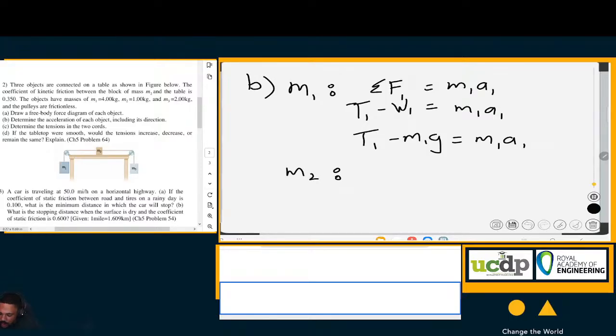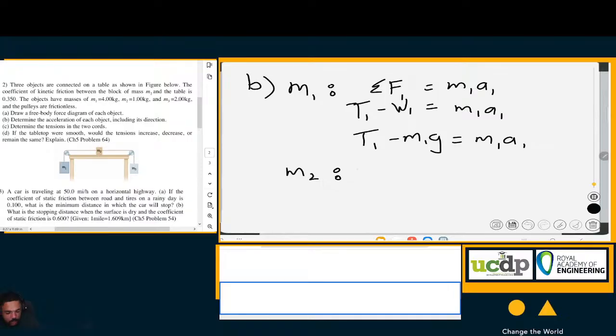What are the forces acting on mass 2? There are 4 of them. Now I'm not going to include the normal force and the weight, because they will cancel out. They are equal to each other.